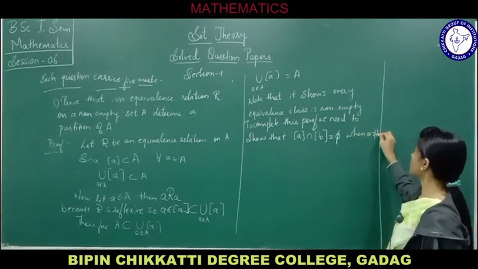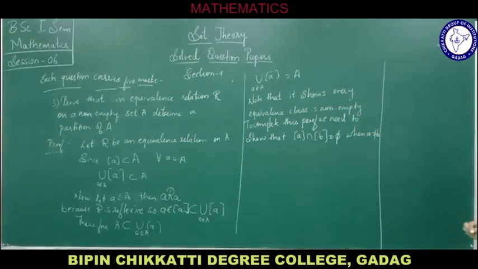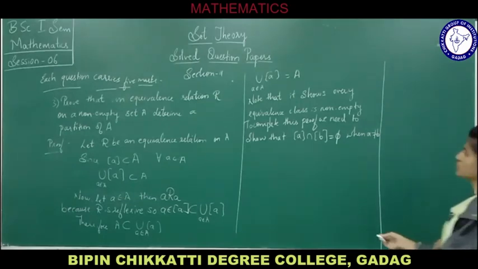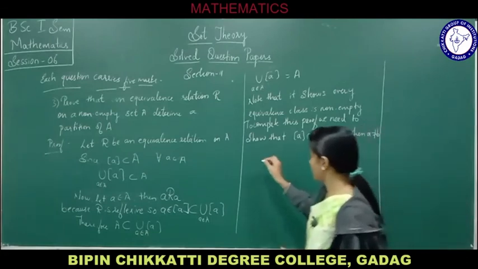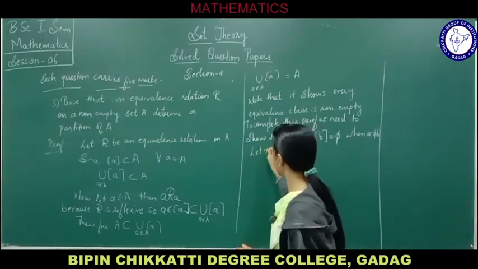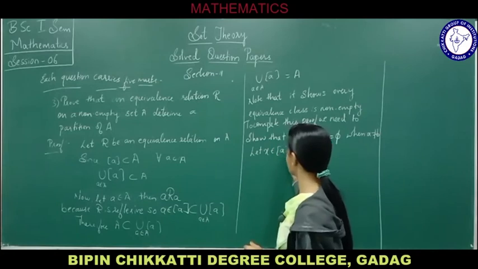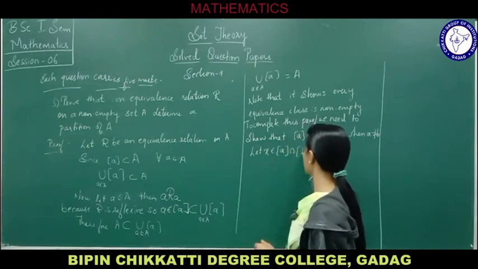When A is not equal to B. If so, what are we going to do further? Let x belong to A intersection B.